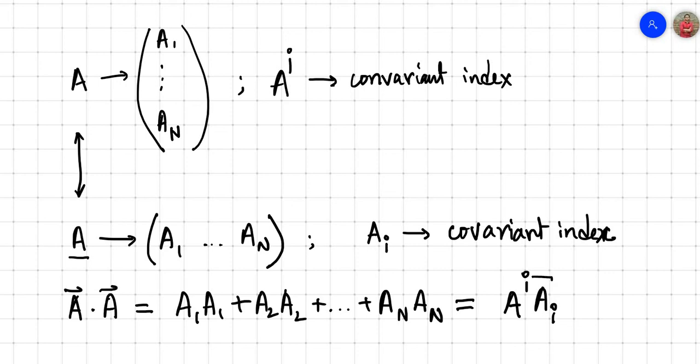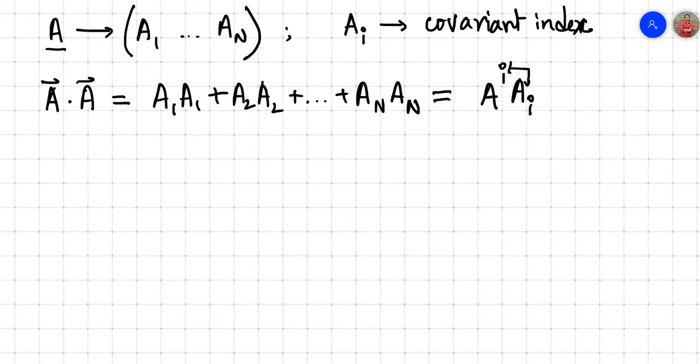So this is a contravariant index, this is a covariant index. By the way, I've written it wrong. This will be actually contravariant. I apologize for that mistake. So in this notation, we also write our vectors A as a^i e_i hat. And as before, the contraction is taking place between a contravariant index and a covariant index.